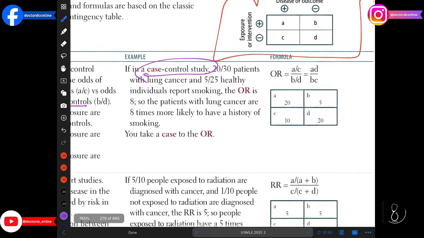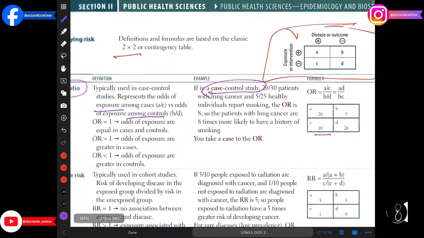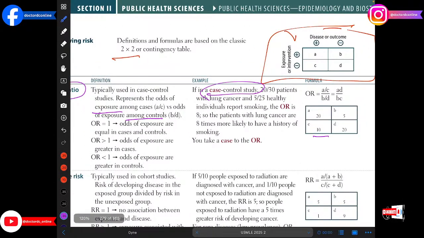So, looking at our 2 by 2 table here, we can compute the odds ratio in 3 easy steps. And this will eventually become one easy step. All right, so first up, we need to determine the odds of an individual having the disease, given that he or she experienced an exposure. This can be written as A over C, where A is people with both the disease and the exposure, and this is divided by C, which is the number of people who got the disease without being exposed.